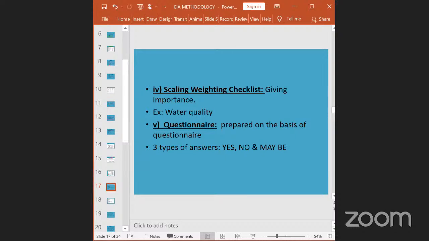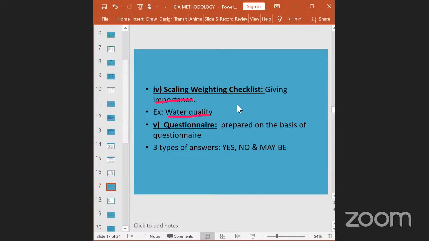Next one is the scaling weighting checklist, right? Weighting means giving importance, right? Giving importance to specific parameters. For example, water quality may be of prime importance in one project as compared to some of the land area.